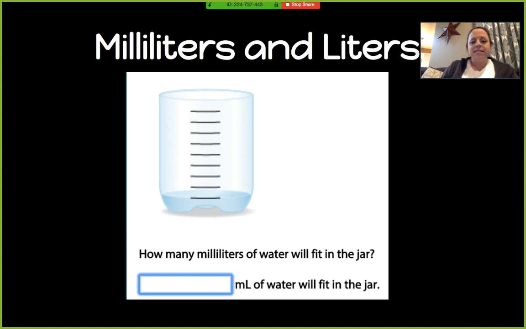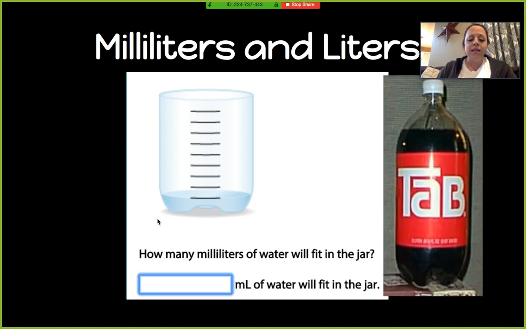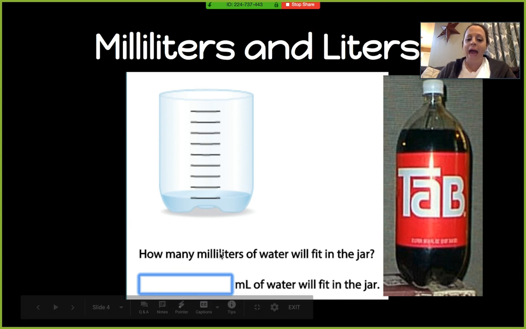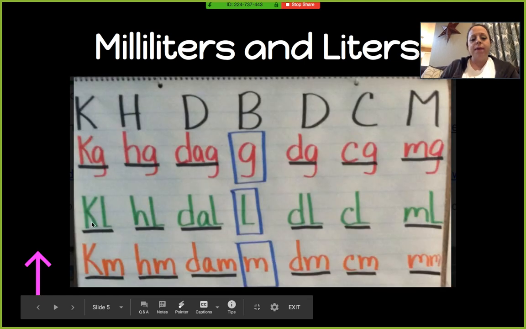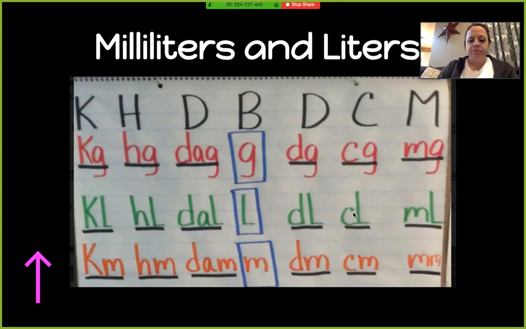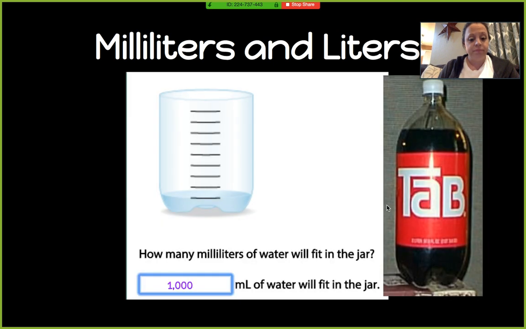So I want you guys to think about a 2-liter bottle. If we cut it in half, how many milliliters of water will fit in the jar? So imagine this 2-liter bottle cut in half. So we're talking about the green row right here. This is liquid volume. So if I have 1 liter, I'm wondering how many milliliters will fit inside of it.